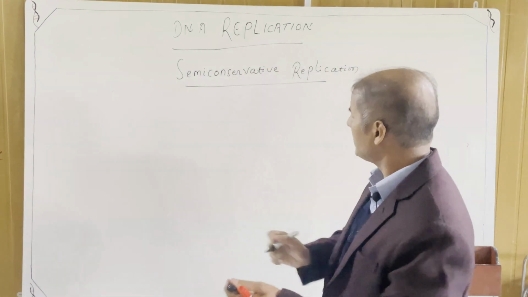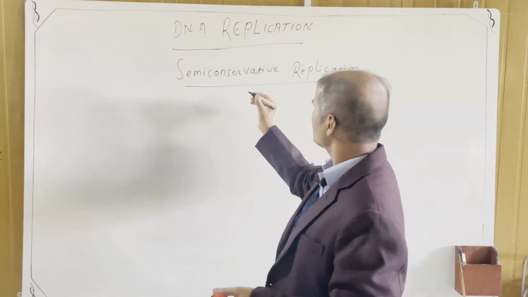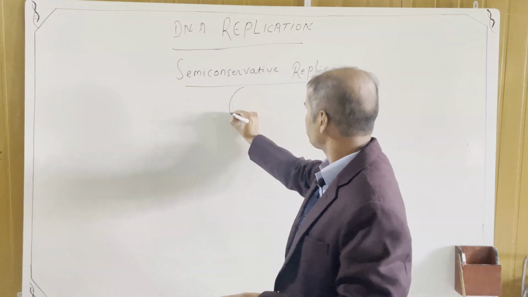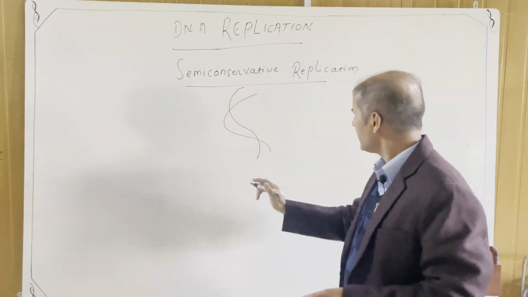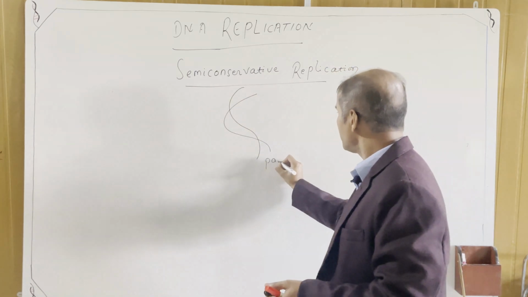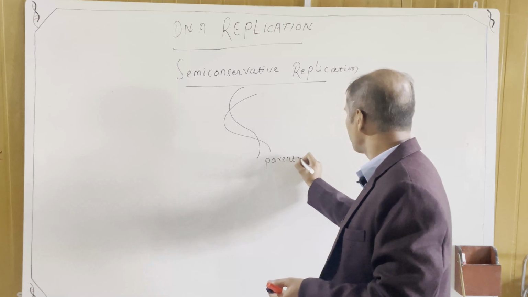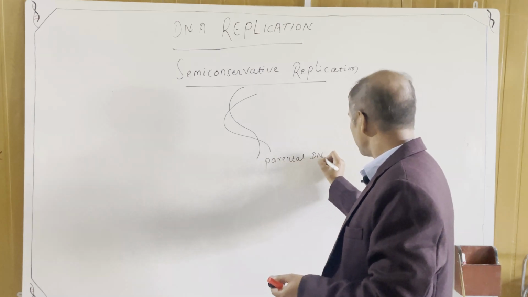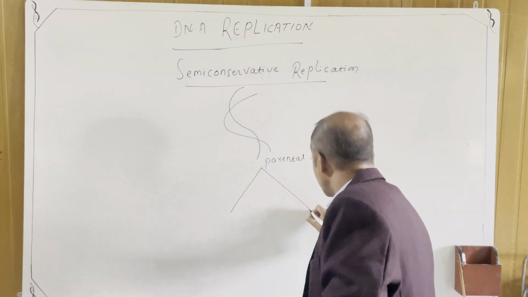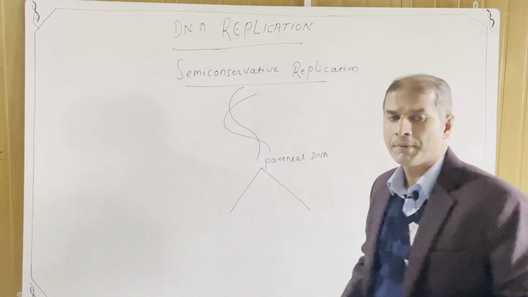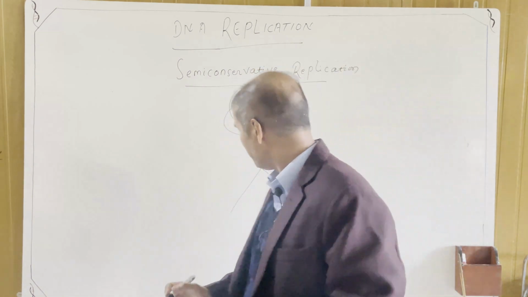We can explain it with the help of a figure. Suppose this is one of the parental DNA, and this parental DNA undergoes the replication process. When it undergoes replication, it will generate two daughter DNA.